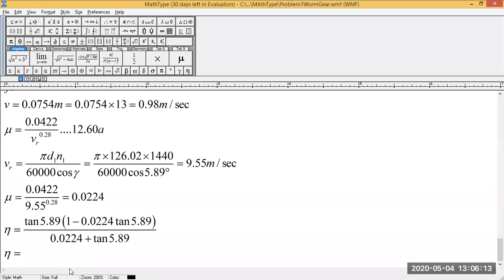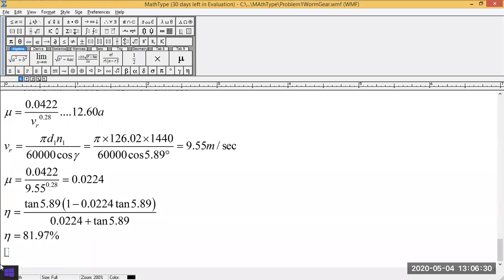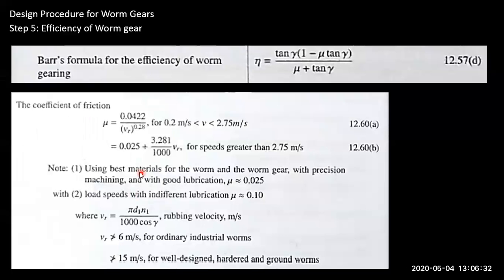I'm getting 81.97 percentage. So this is the efficiency. This is the efficiency of this particular worm and gear arrangement. Okay, so we have found efficiency.